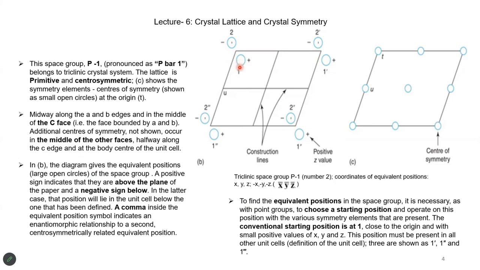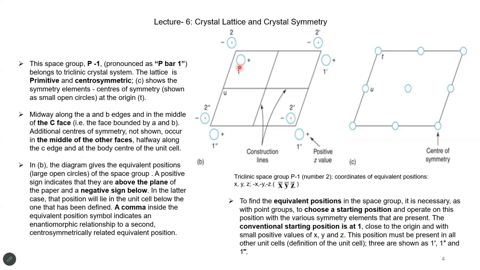And usually we start with small values of X, Y, and Z, which would be any value from 0 to 1.